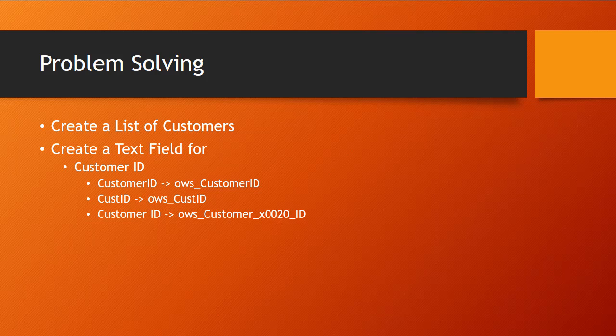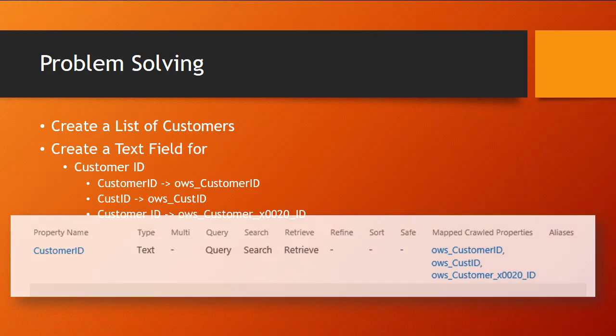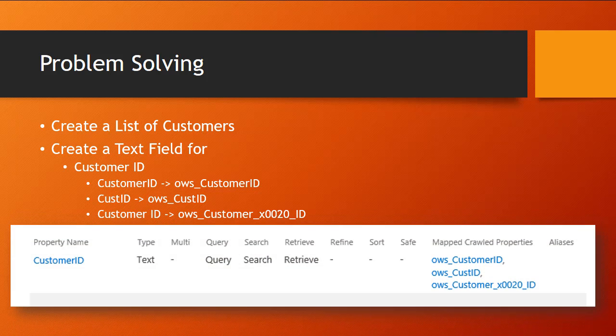So now I have three different crawled properties, but I can still create a single customer ID managed property, and I can map it to those three different fields that contain customer ID information. In this way, we can use managed properties to consolidate and aggregate data from different types of fields.